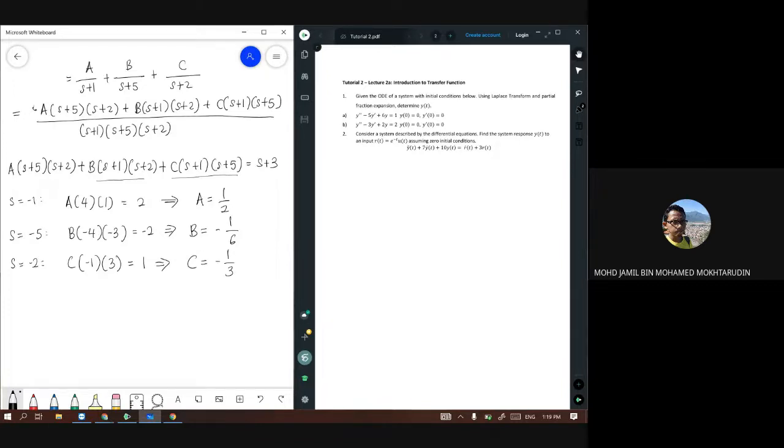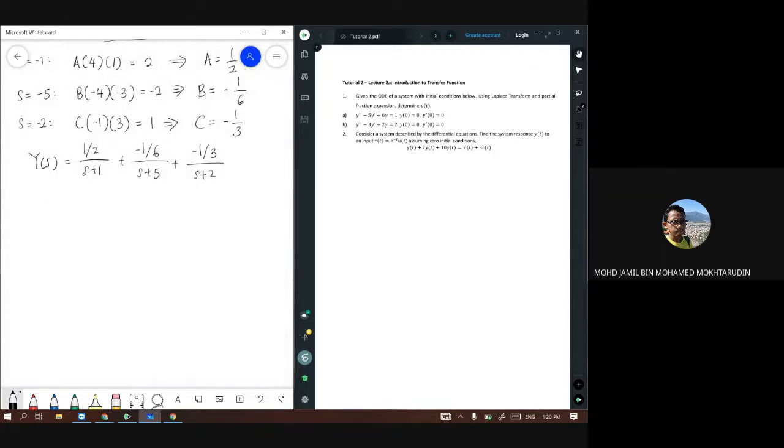Substitute back into the original equation. You get YS equals 1 half over S plus 1, minus 1 over 6 over S plus 5, minus 1 over 3 over S plus 2.